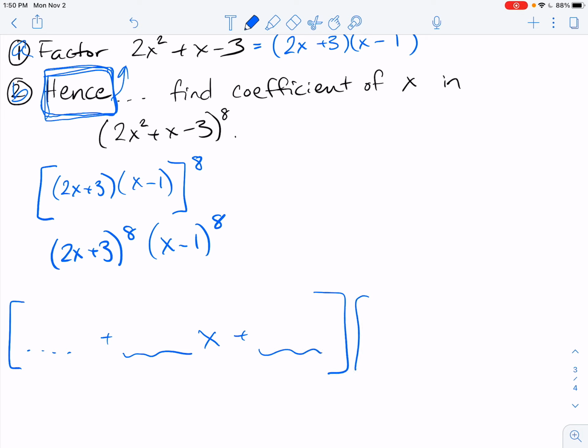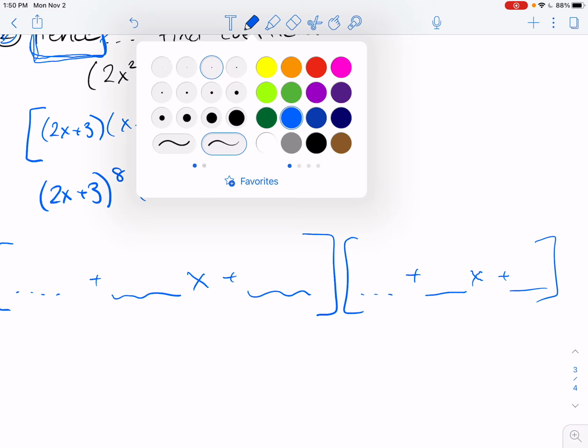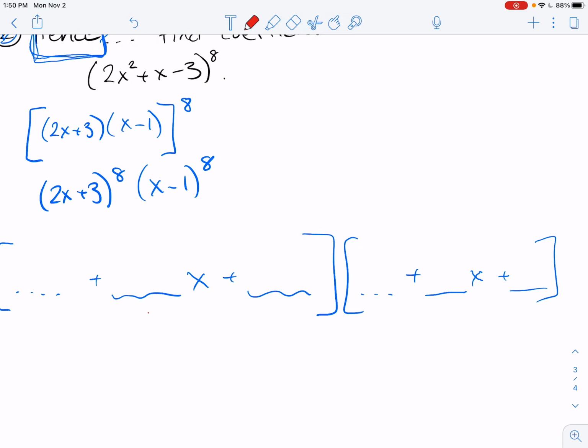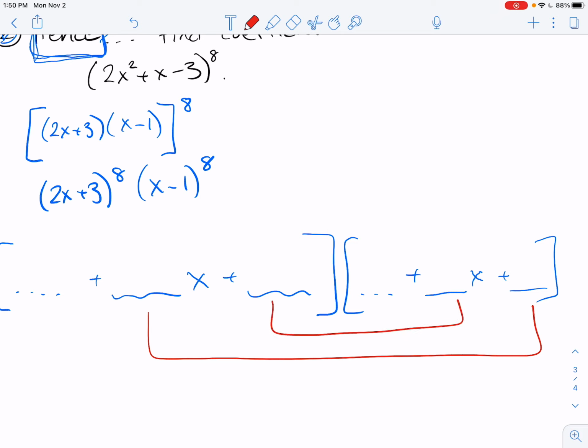The next one will do the same thing. It'll have all this stuff at the beginning, then something with x, and then a constant. We're going to find our final answer by taking the term in x multiplied by the constant in the other one, and this times this, and that's the only way that you can get something with x.